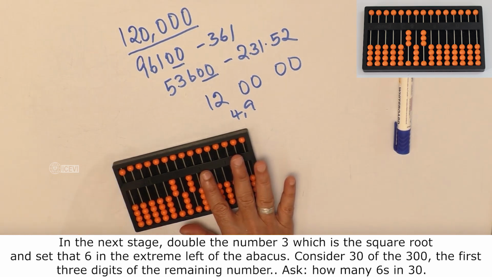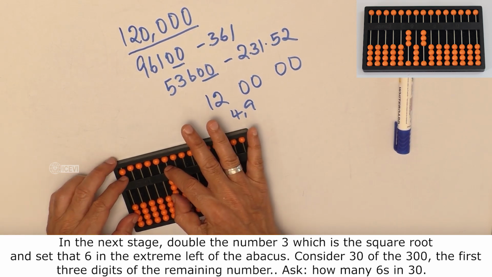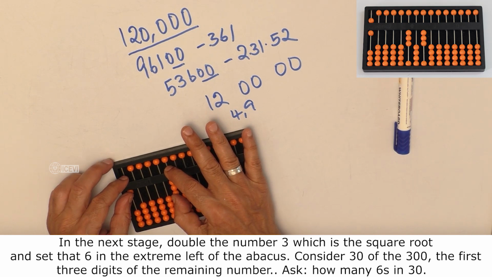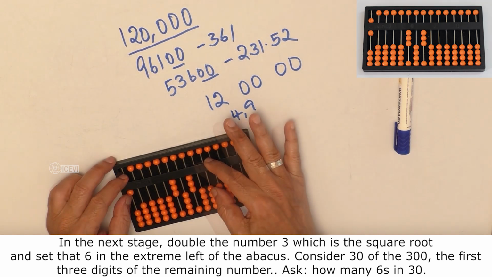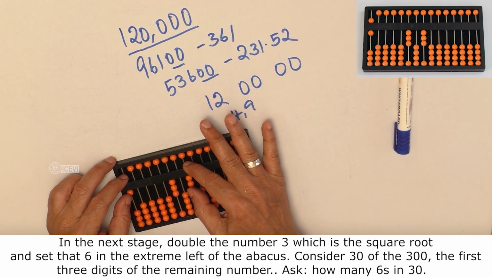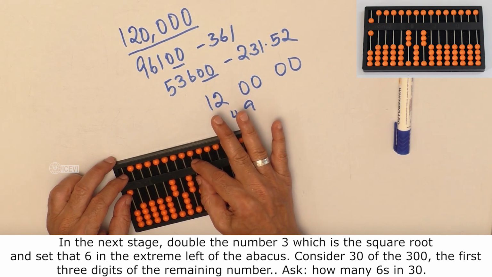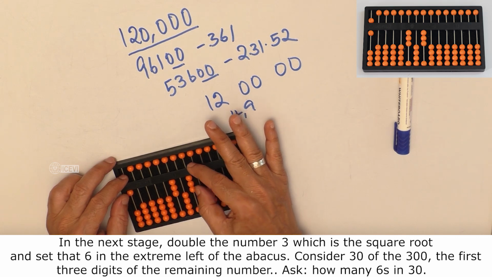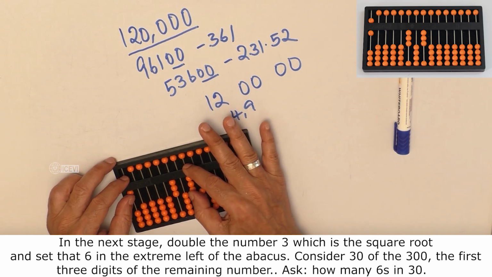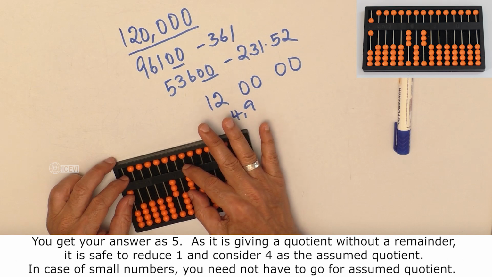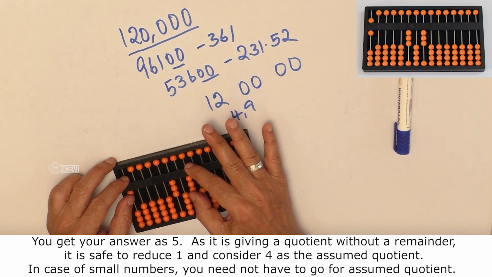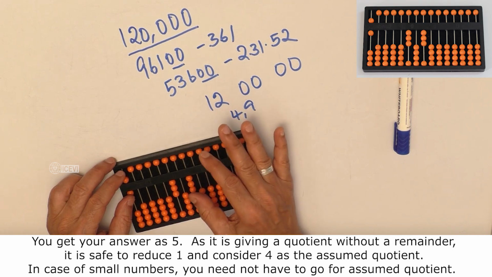In the next stage, double the number 3, which is the square root, and set 6 in the extreme left of the abacus. Now consider 30 of 300, the first 3 digits of the remaining number. Ask how many 6's in 30. You get the answer as 5, as it is giving a quotient without a remainder.